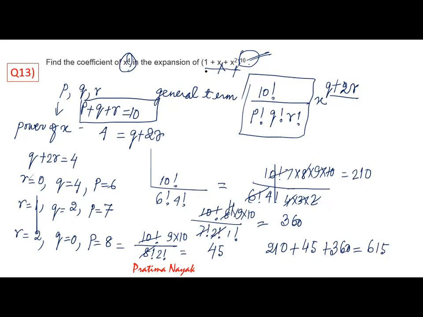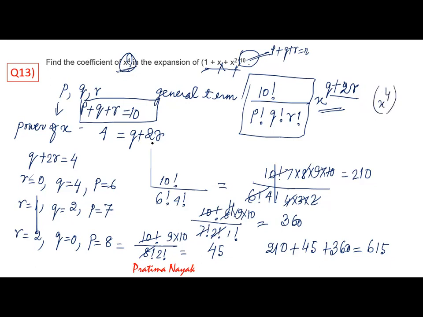Let me explain again. First, when there are 3 components, you take p, q, r, and their sum is n. p plus q plus r is equal to n. Then for the coefficient of x, because for the first there is no x, you take the second one. For the second take x to the power q, and for the third it should be r, but since there is a square, 2 into r, so x to the power q plus 2r, you compare with x to the power 4.